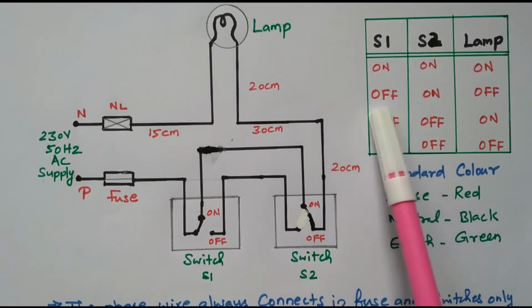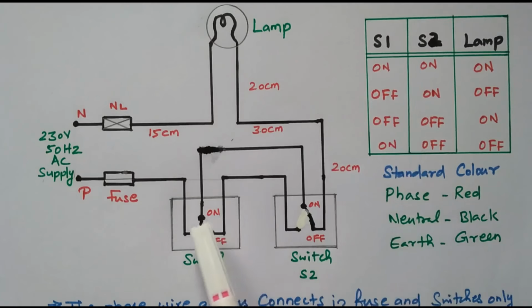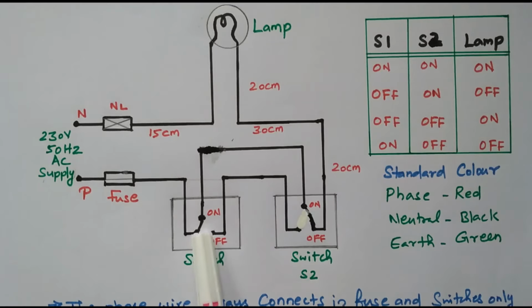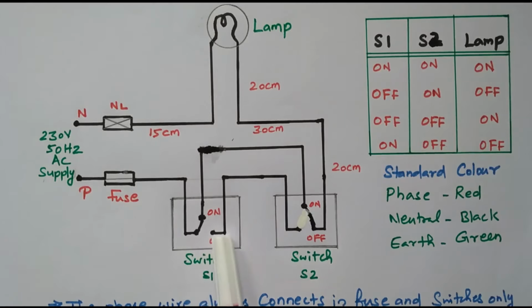Now we turn off the switch S1, that is, the switch is brought downward. This end is disconnected, and this terminal is connected. Now what will happen? The phase goes through the fuse and goes to this terminal, not the upward terminal 3.